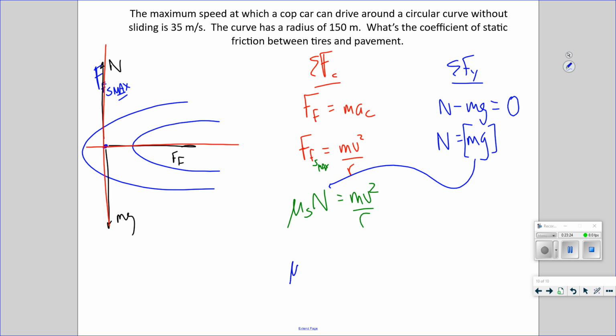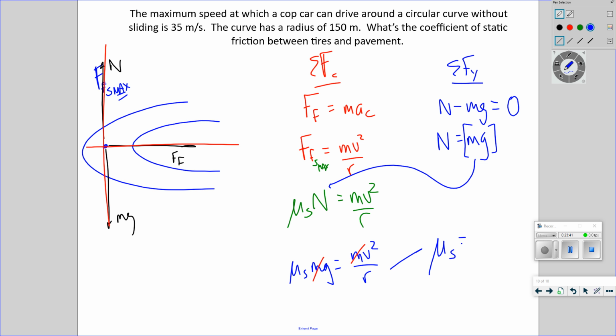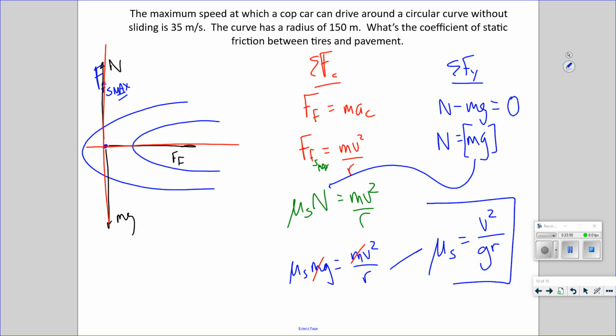We get mu static mg is mv squared over r. And here's what doesn't matter: it doesn't matter how massive the car is. The coefficient of static friction we can now solve for. Mu s is v squared over gr. And I don't care what the actual number is. That's the solution.